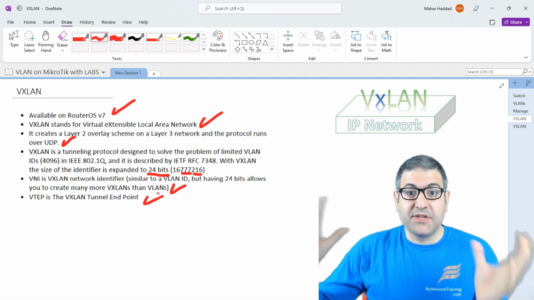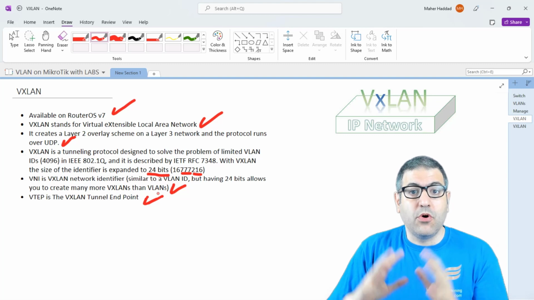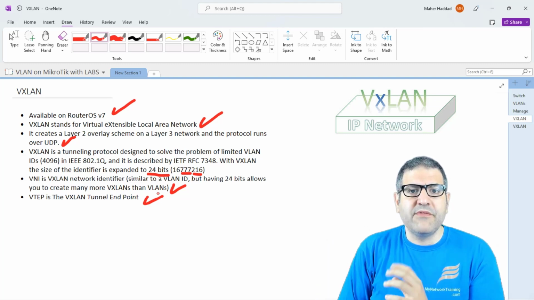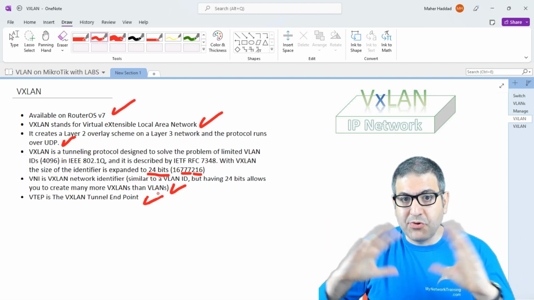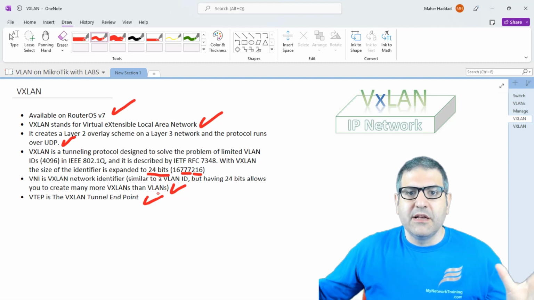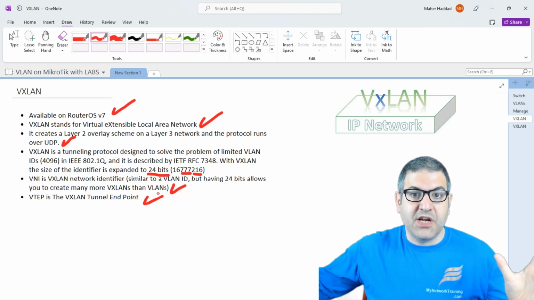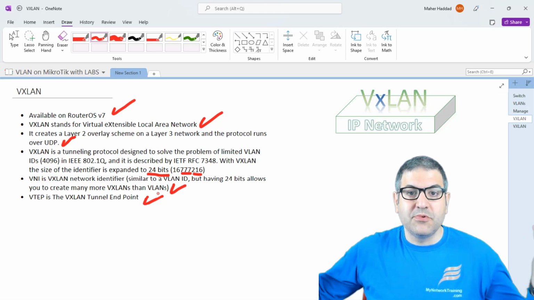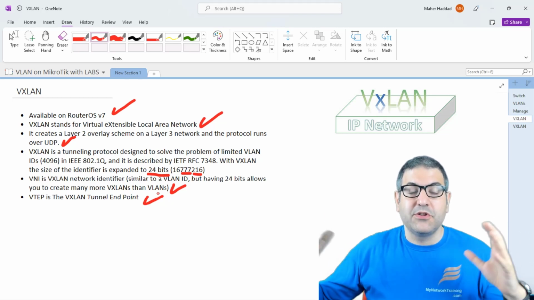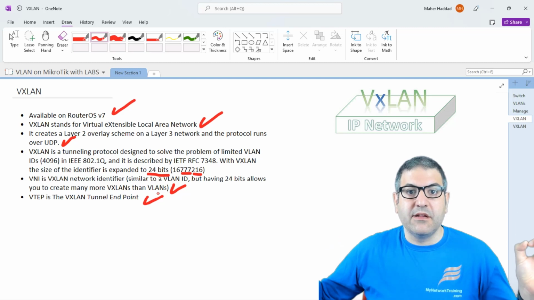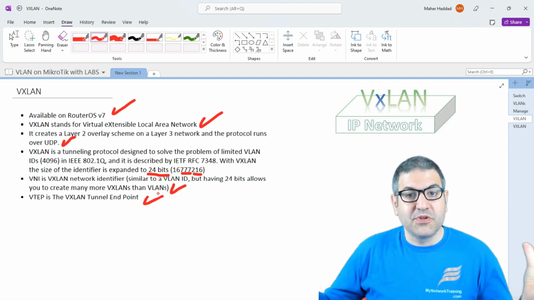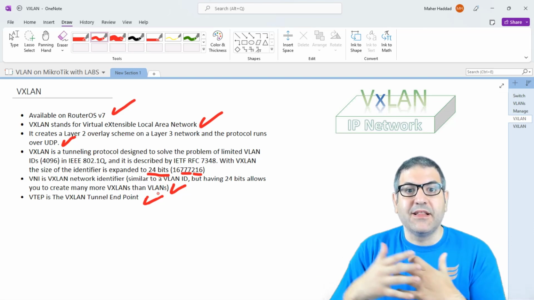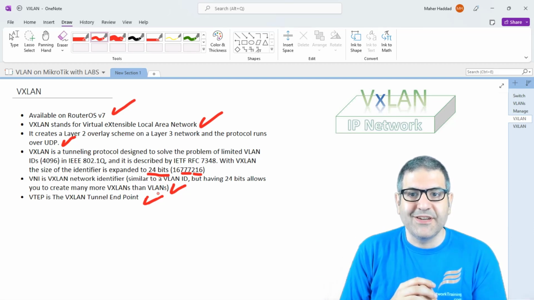If you are running, for example, OSPF inside your core network, or BGP, or even static routes, that's not important, but you have routing inside your core network, then you put a router on one side for your customer and a router on the other side for the same customer, which are two different offices connected to your network. You create the VXLAN, you connect it, you make a bridge, you will see how we can do that, then you provide layer 2 connectivity to your customer. So this is the whole idea of the VXLAN.